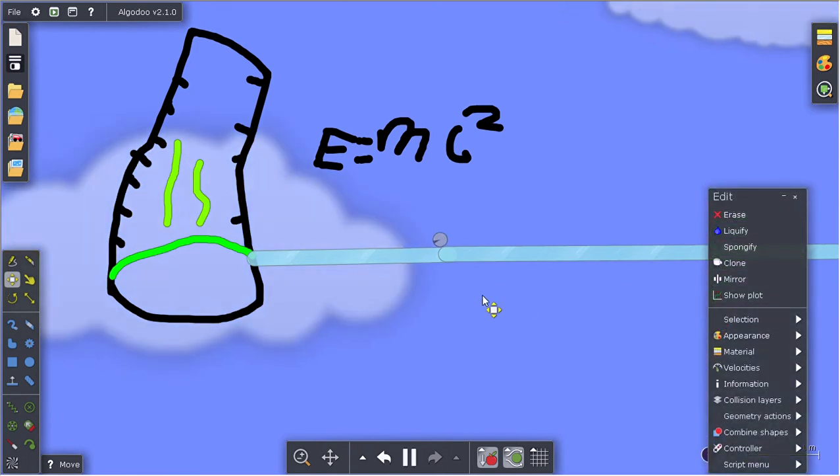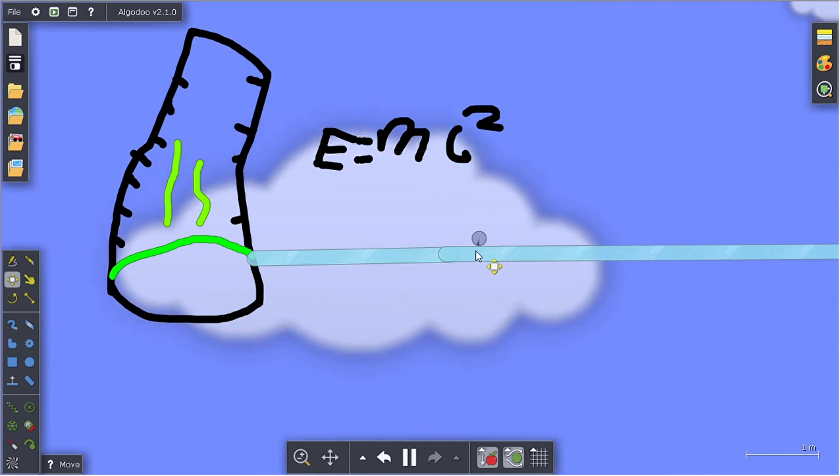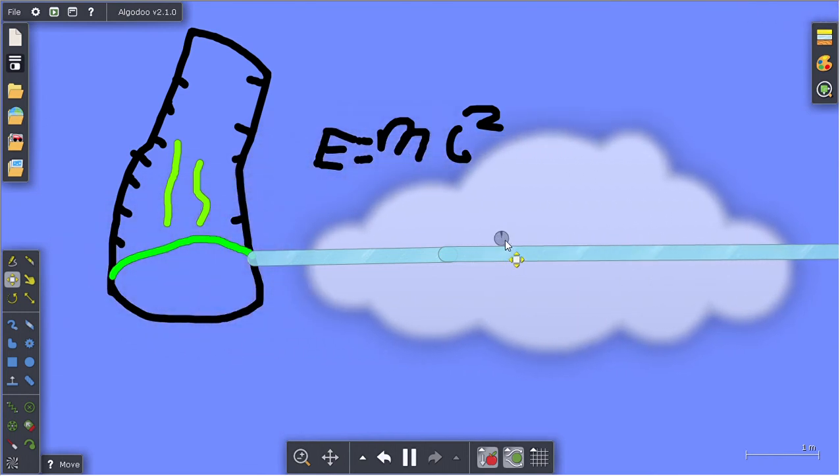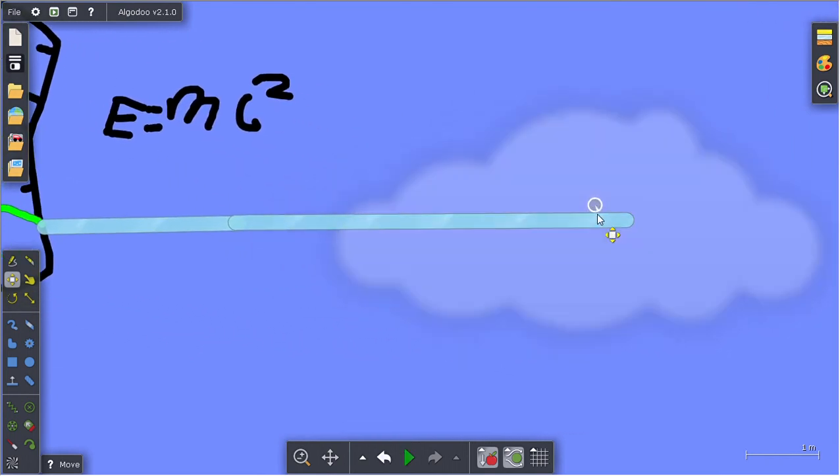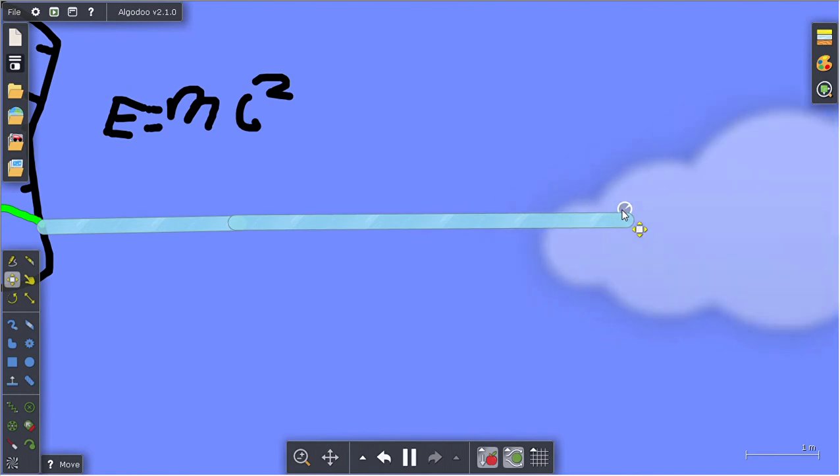Now, once we give it a push, since it's ice, it's going to stay on it for a while, since ice is slippery.